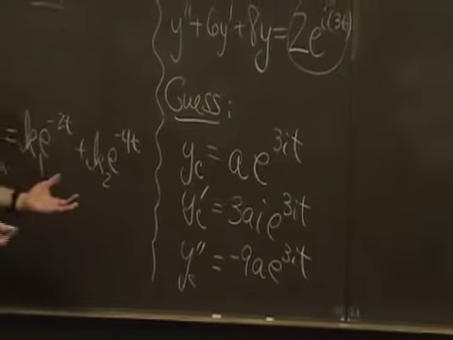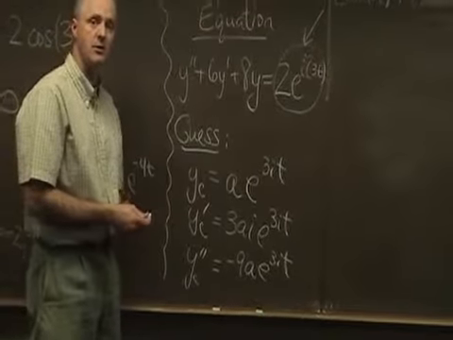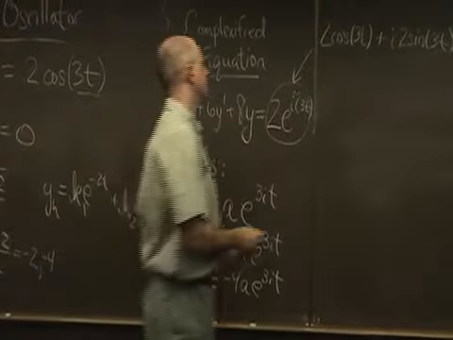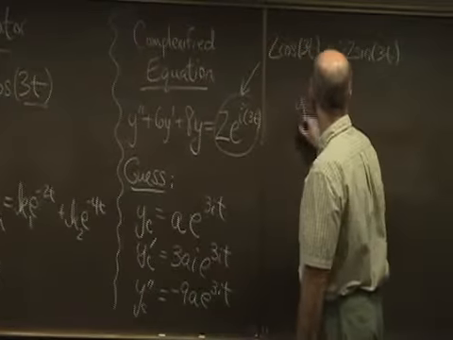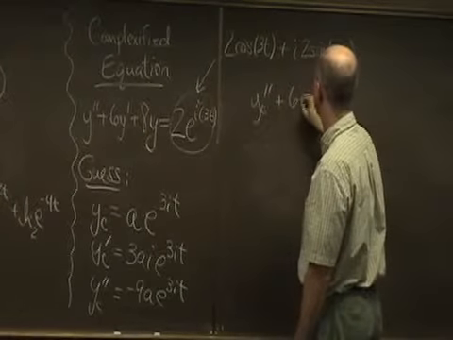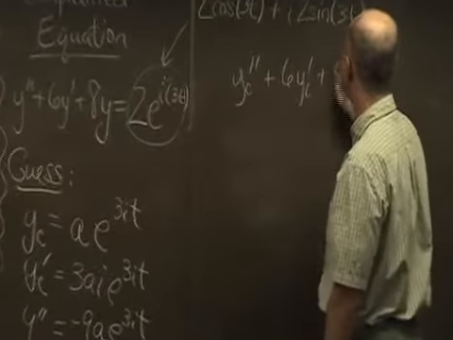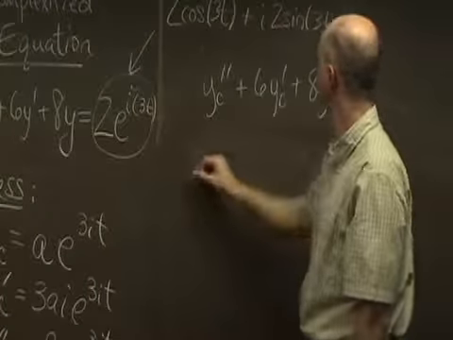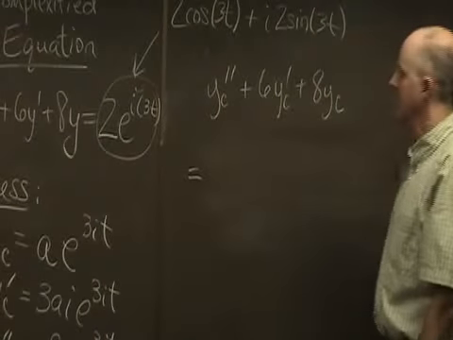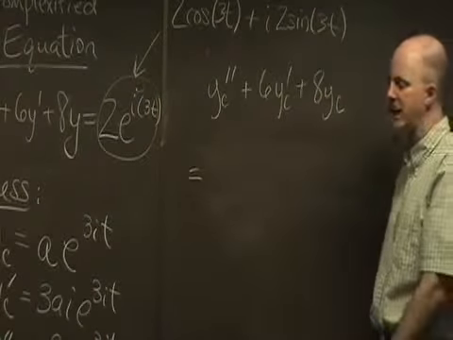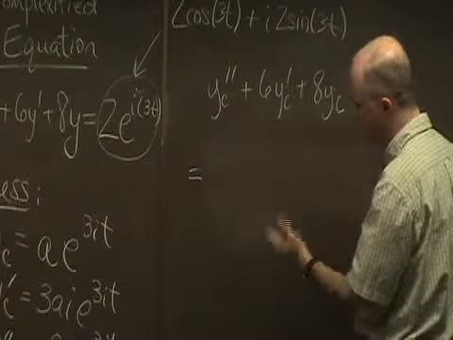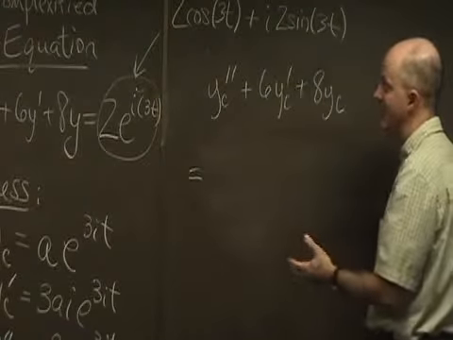Now, plug it in and solve for the undetermined coefficient a. Plug it into the left-hand side, yc double prime plus 6yc prime plus 8yc. I'm going to skip a step here, do this in my head. To make sure you don't make a mistake, you probably want to fill in a little bit more detail.